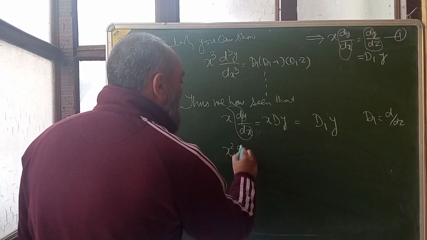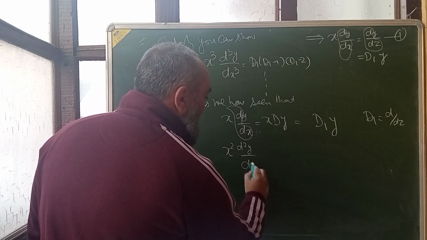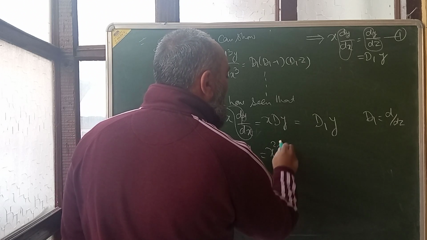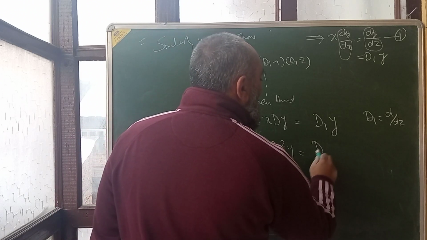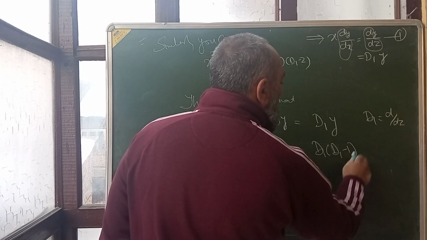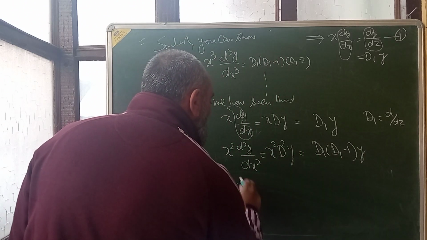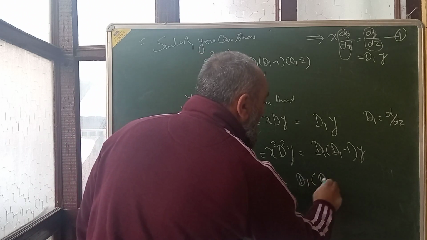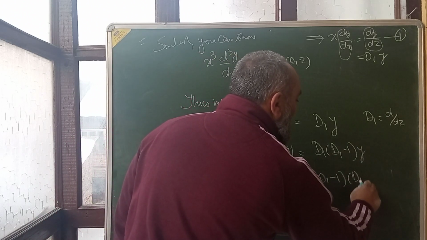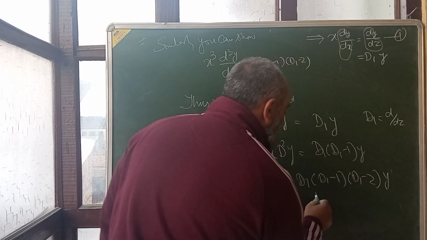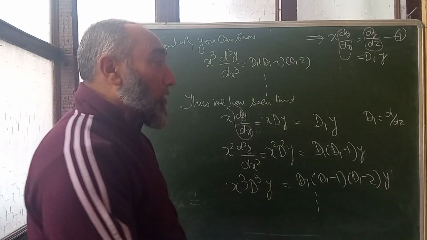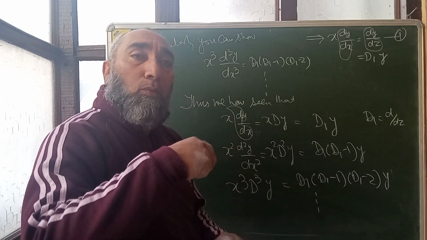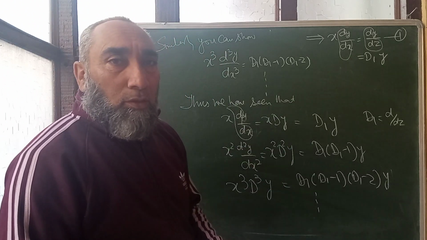X square d square y is D1 into D1 minus 1 y. X cube d cube y is D1 into D1 minus 1, D1 minus 2 y, and so on. This I have seen, and I will be using this in order to transform a linear differential equation with variable coefficient into a linear differential equation with constant coefficient.